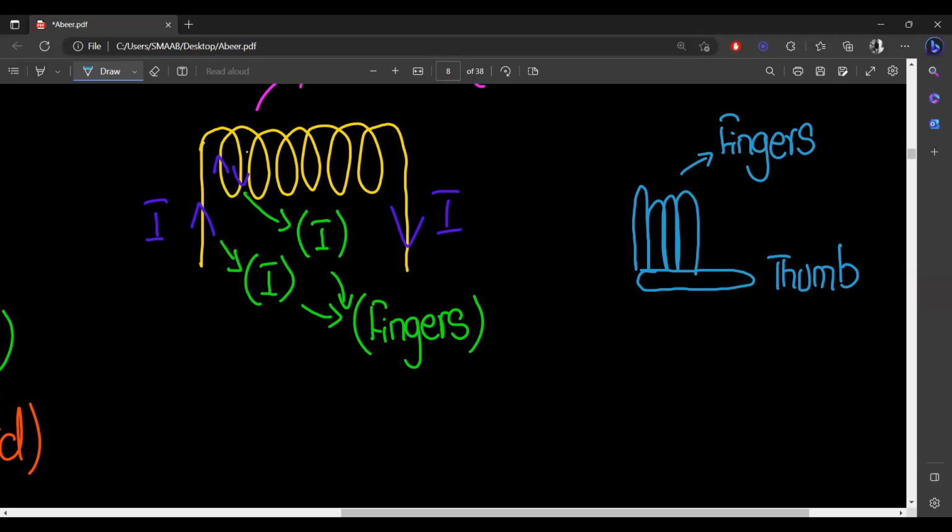Yes. Now the second question is, after moving in upward direction, in which direction is the current now moving, downward or some other direction? First the current is moving upward, so it ultimately moves in downward direction because it bends through the coil.